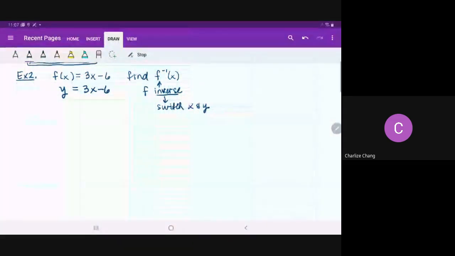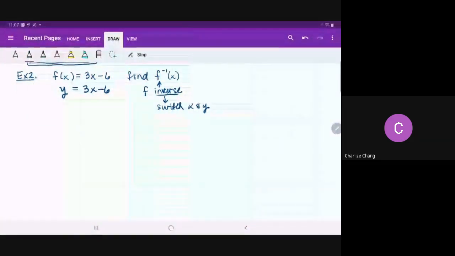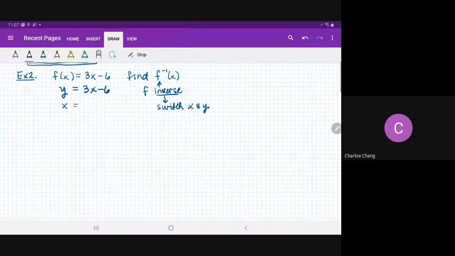Okay, perfect. So you switch, you change it to a y, and then technically you'll learn in calculus that this really is the inverse, but when people say to find the inverse, they do mean you have to find y. So when they write it with this notation, it means find y, and then change it to the f inverse notation.